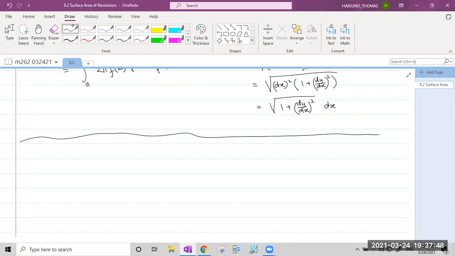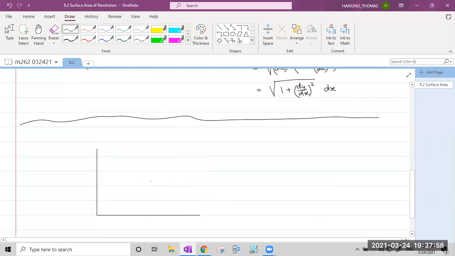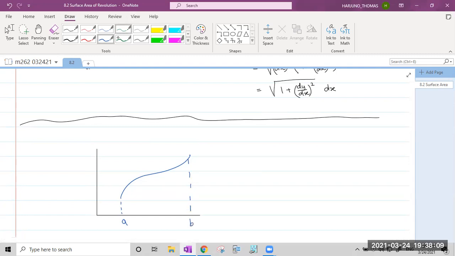Now, the second case. What if, on the other hand, we want to revolve the curve with respect to the y-axis? So this is my A, this is my B. And then this is my strip here.